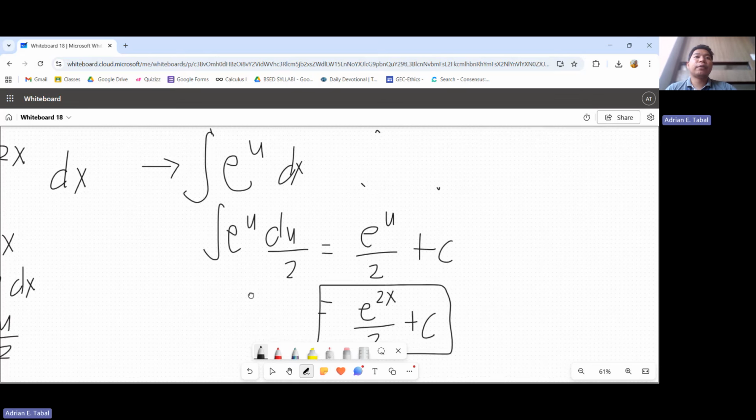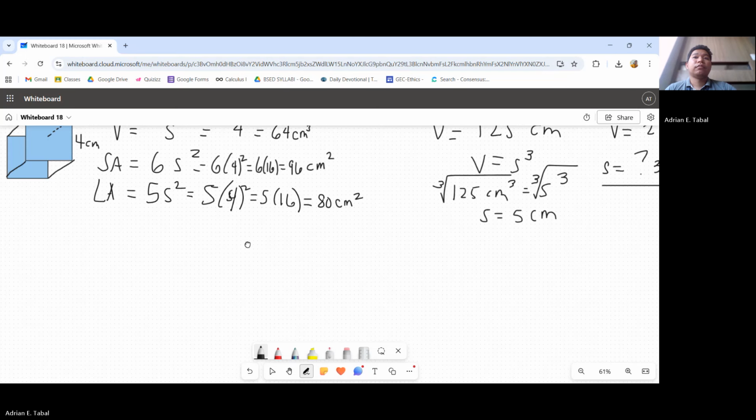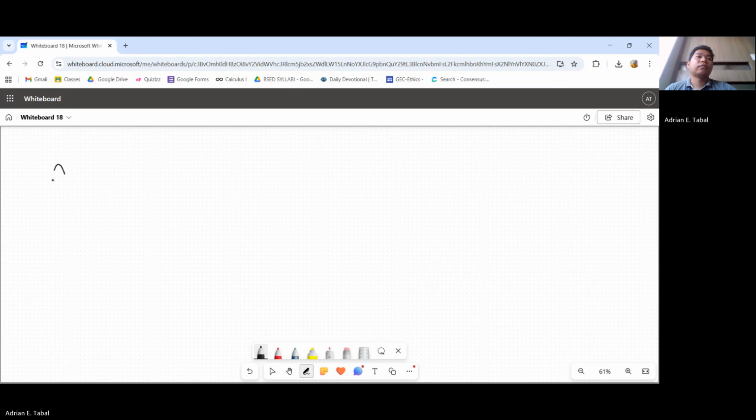For the last example, we are going to have a trigonometric function. For example, we are going to find the integral of sine 3x dx.